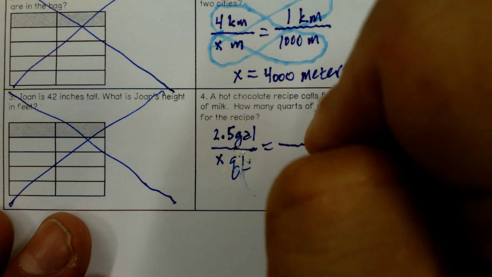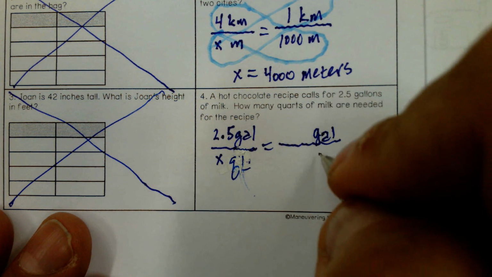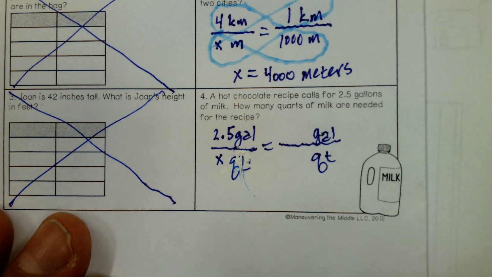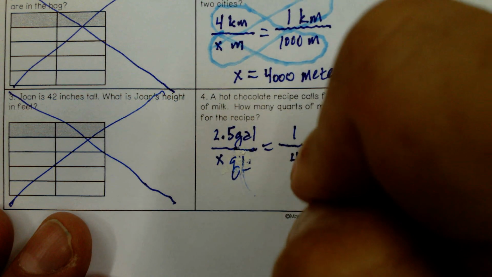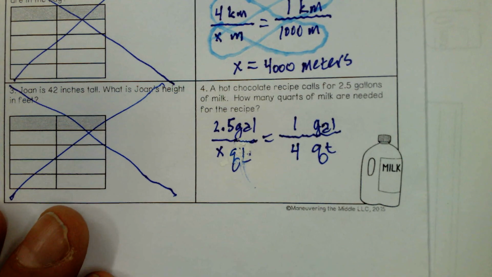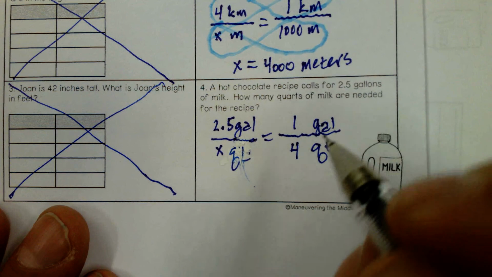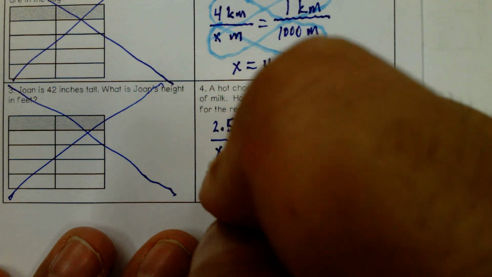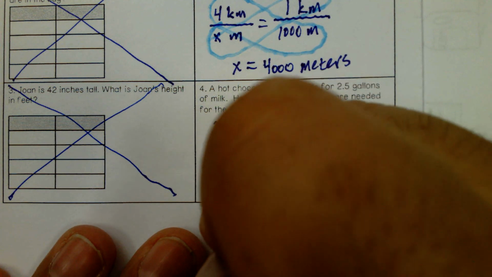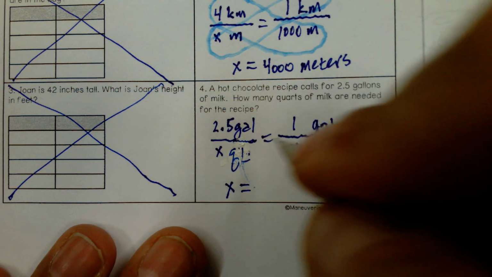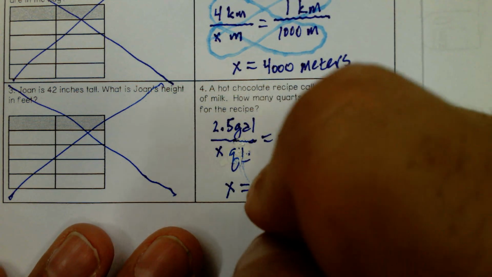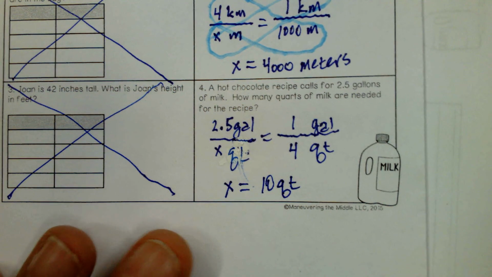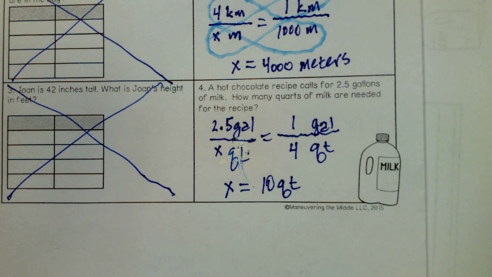So I want to make these equivalent, so I'm going to put gallons in the numerator, quarts in the denominator. So 1 gallon is 4 quarts. And if we multiply, we multiply X with 1, and 4 times 2.5. Okay. So it's going to be 10 quarts. All right.